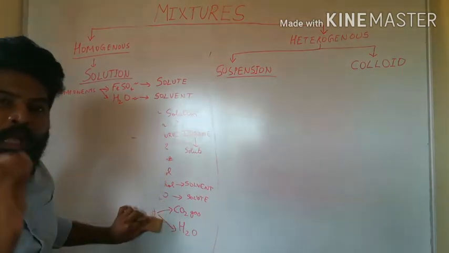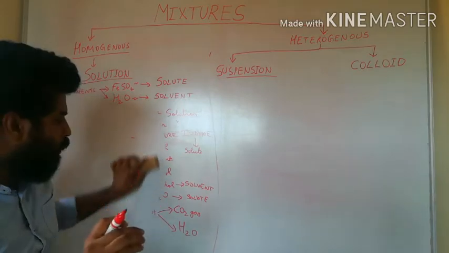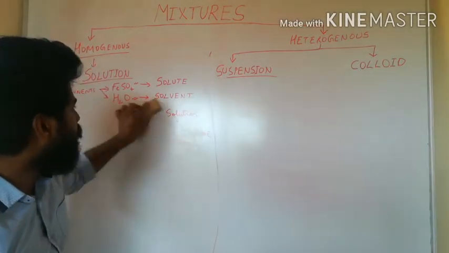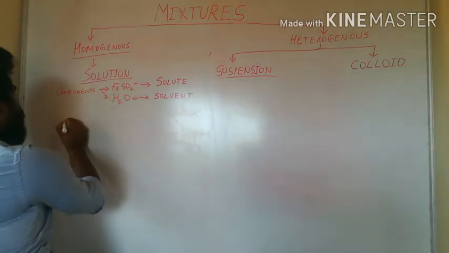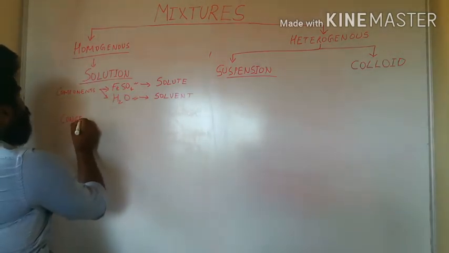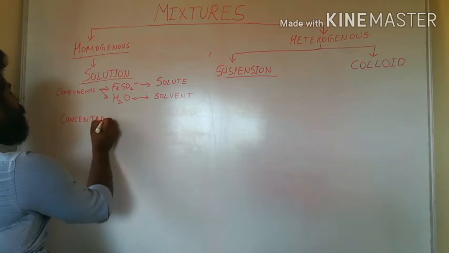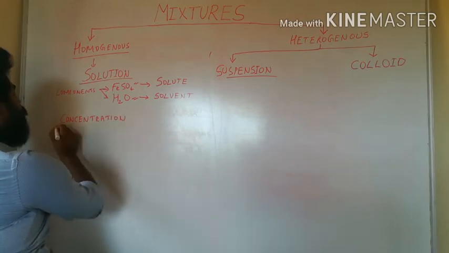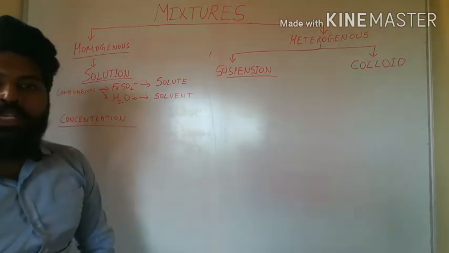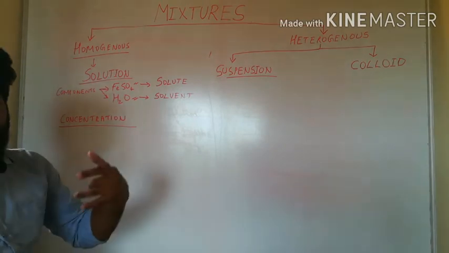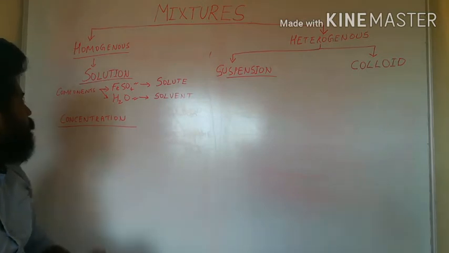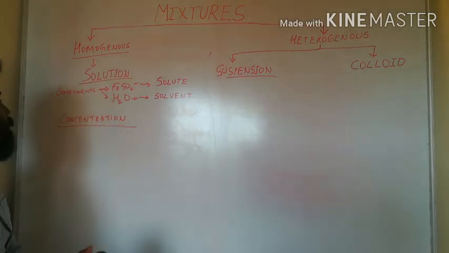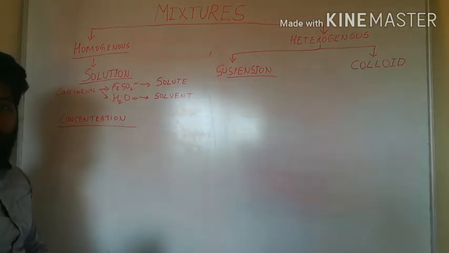Based on the amount of solute and solvent, we can discuss a parameter called the concentration of a solution. What is the concentration of a solution? It means how much solute and solvent is present. Based on this, let's take an example.